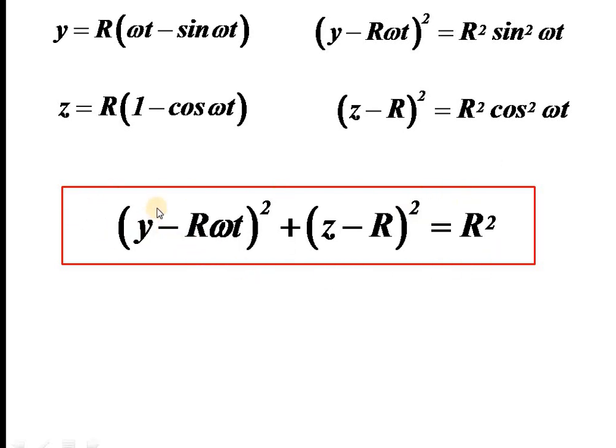Now you can draw a comparison with the equation you studied in analytic geometry about circles, where the circle's equation is x minus a all square plus y minus b all square is equal to r square, and a and b we called the center of the circle. A similar format you get, but instead of a and b you have here r omega t and r, and r omega t simply shows the center point, the coordinate of the center of the circle.